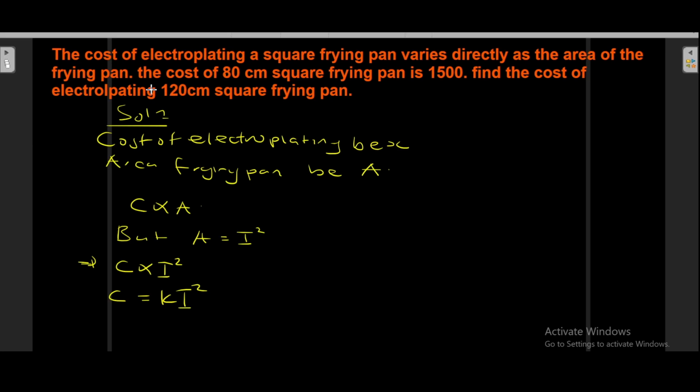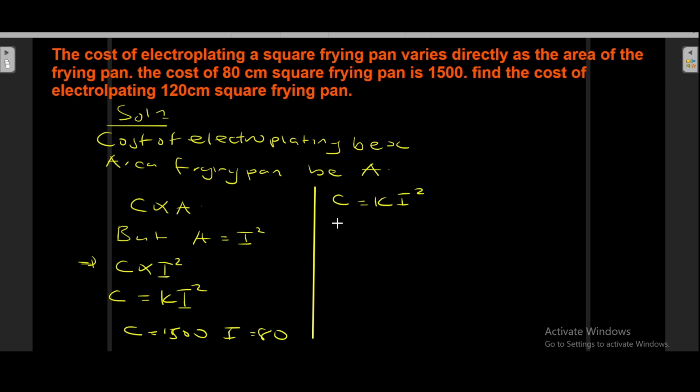They told us that the cost of electroplating 80 centimeters squared is 1,500. Therefore, my C in this case is 1,500, and my I is 80. That implies that in my expression here, I say, C is equal to K I squared.